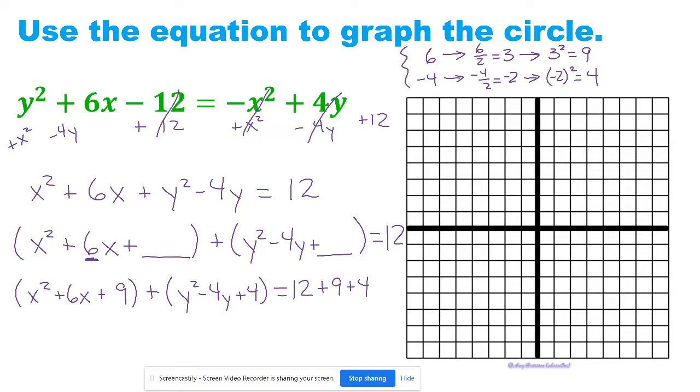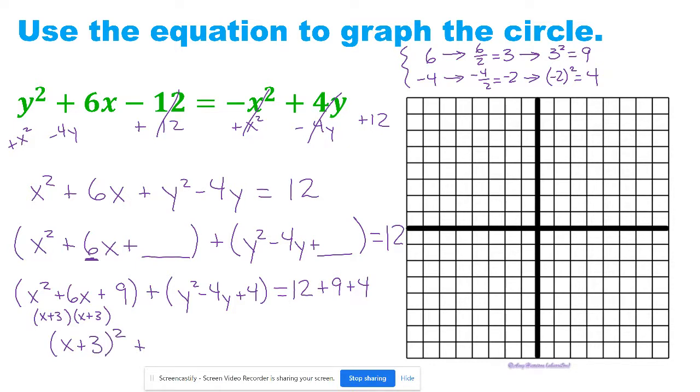x squared plus 6x plus 9. If you factor that into two parentheses, what you will get is x plus 3 times x plus 3. So the idea is if you think of two numbers that multiply to give you 9 and add to give you 6, it's going to be 3 and 3. So I can write this now as x plus 3 squared.